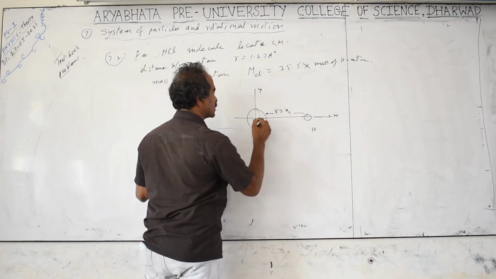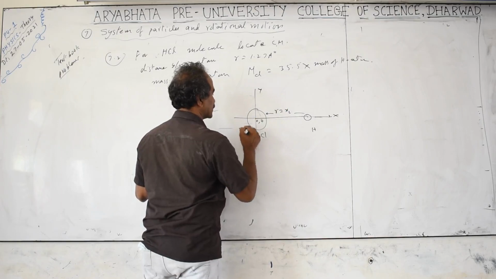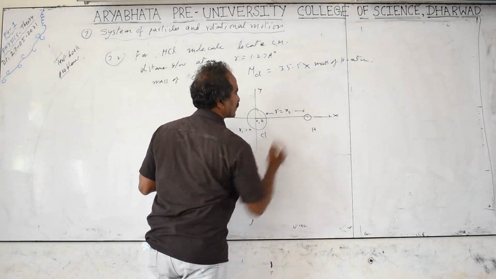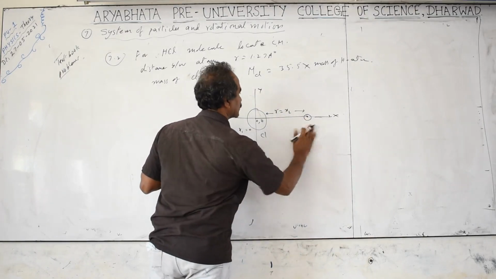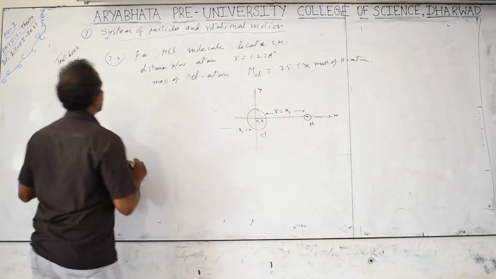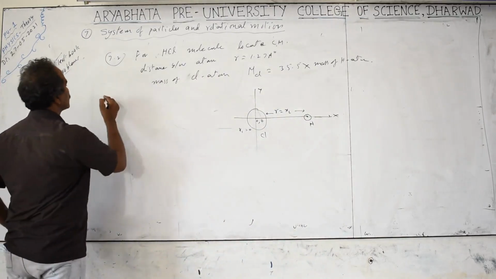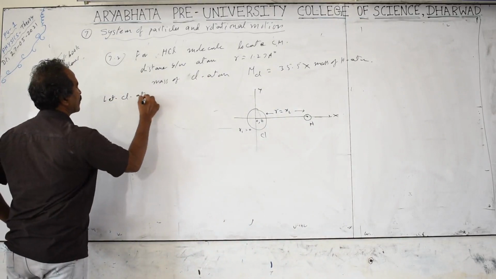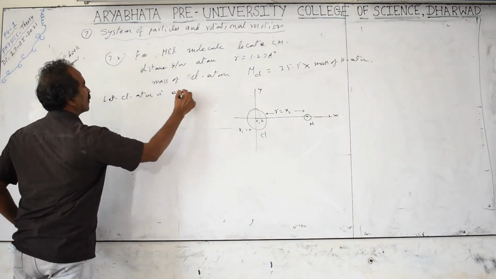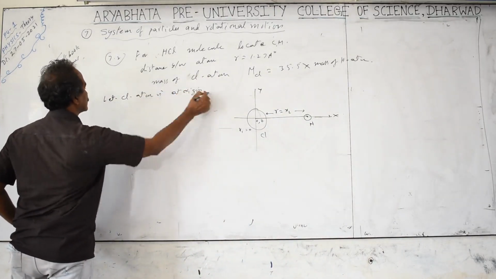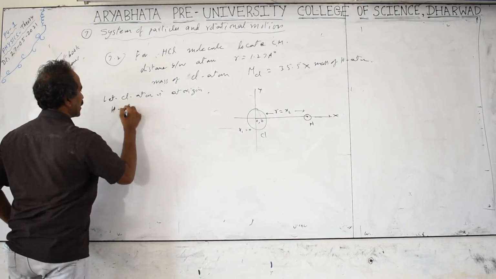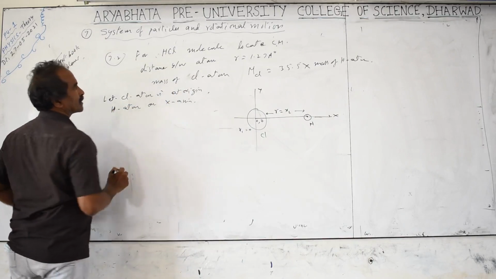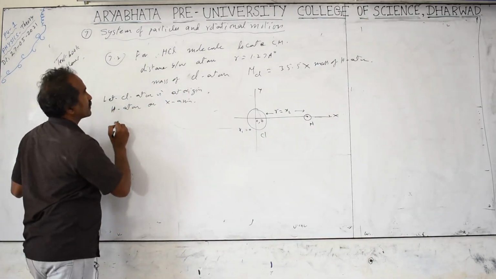First one is at the origin. Therefore x1 is 0, y1 is not required here. This is the hydrogen atom, chlorine atom. Let the chlorine atom be at the origin, hydrogen atom on the x-axis.